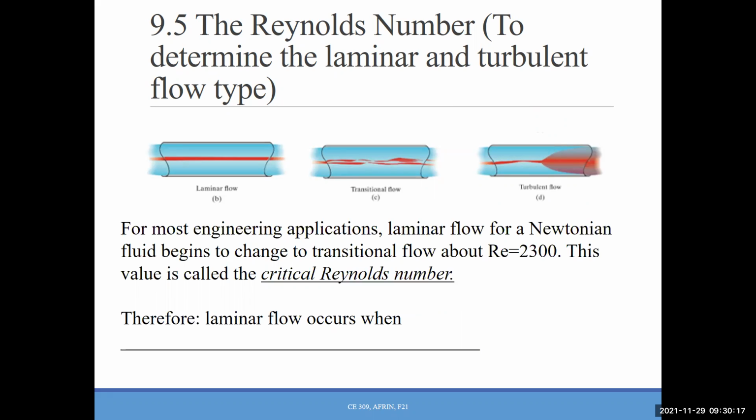For most engineering applications, laminar flow for a Newtonian fluid begins to change to transitional flow at about 2300, and this value is called the critical Reynolds number. Therefore, laminar flow occurs when the Reynolds number is less than or equal to 2300.